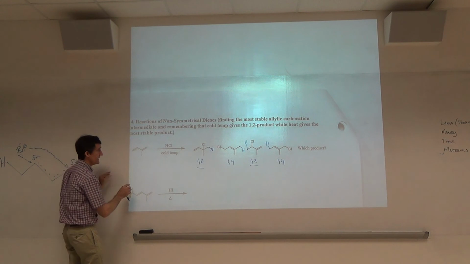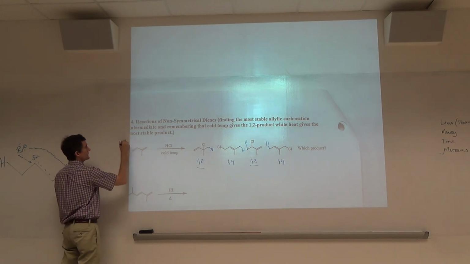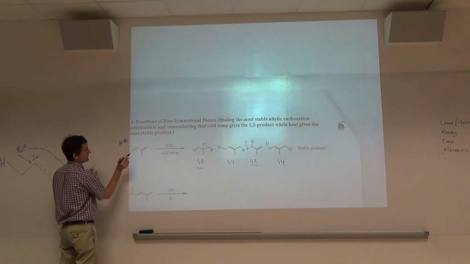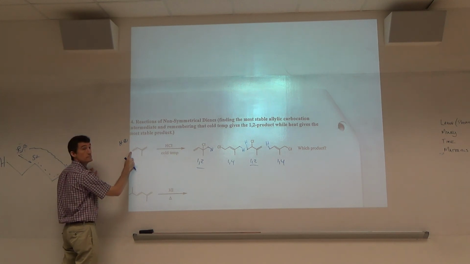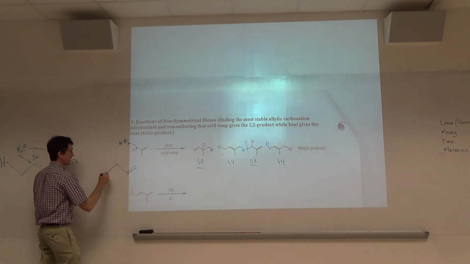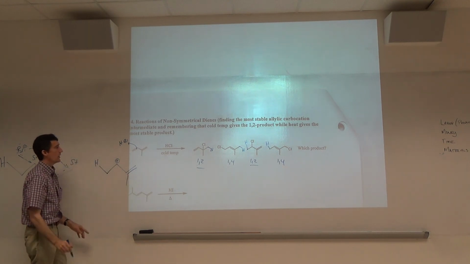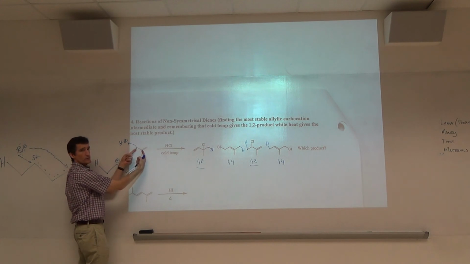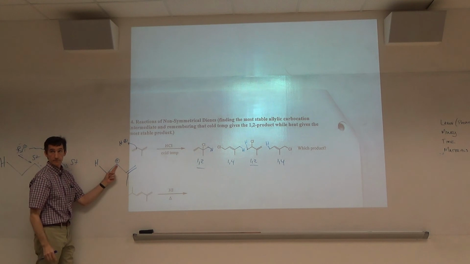We can get 2 different cations here. If this alkene reacts, are we going to make the cation on left or right? Right. And that's going to give, there, here. You're always going to make the cation on the internal carbons so you can have resonance.